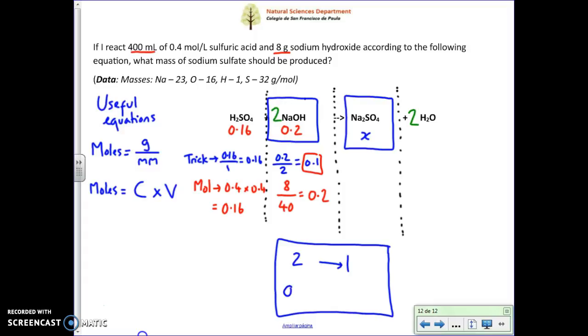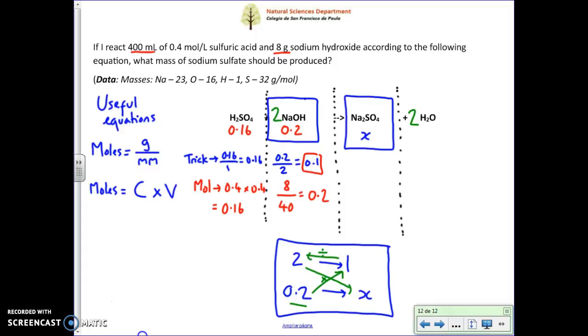Underneath it, I've got 0.2 moles to give me X, which is what I'm trying to find out. So the rule of 3 works: I take my number at the bottom here, multiply by the number up on the other side, then divide by the number on the same side, and that gives me X.